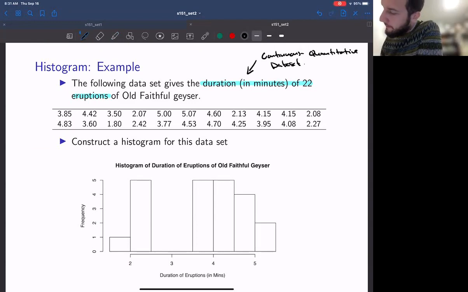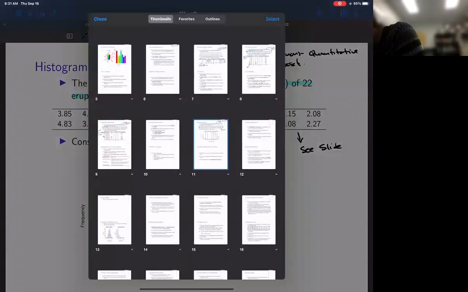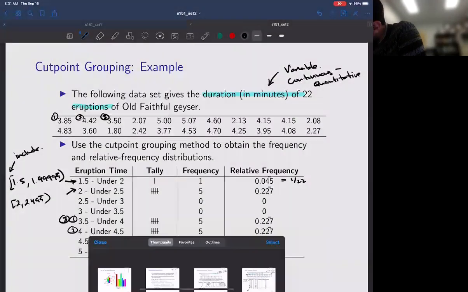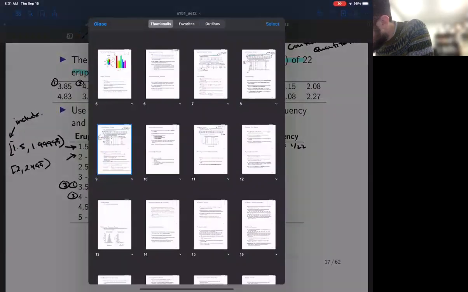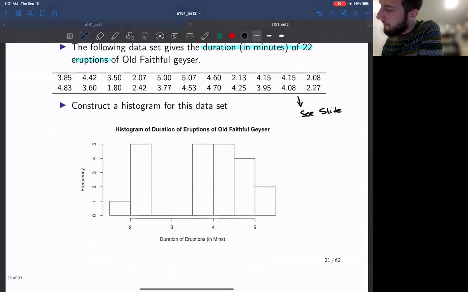Right, so this is the same data set from the Cutpoint grouping example. So if we go back to slide 17, we're going to be using these same bins from slide 17 to construct the histogram on slide number 21.